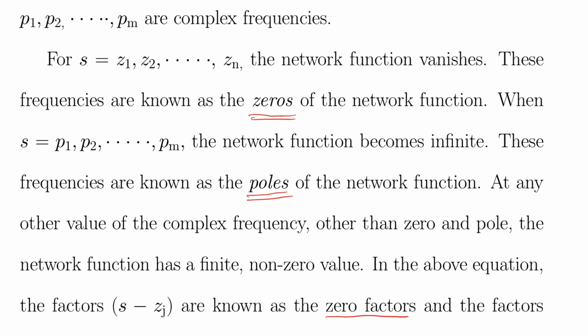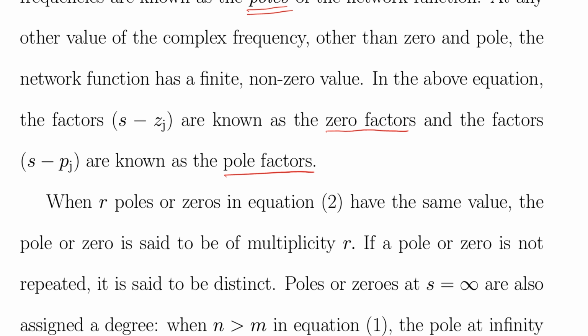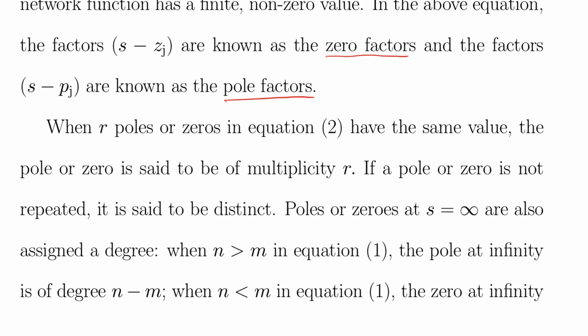At any other value of the complex frequency other than zero and pole, the network function has a finite non-zero value. In the above equation, the factors s minus zj are known as the zero factors, and the factors s minus pj are known as the pole factors. When r poles or zeros in equation 2 have the same value, the pole or zero is said to be of multiplicity r.